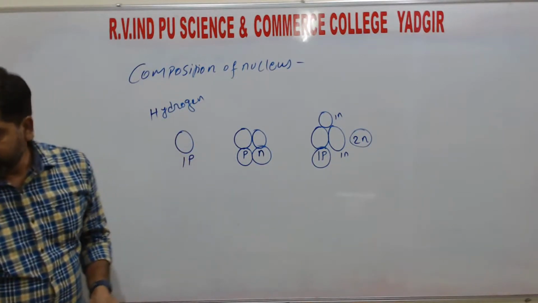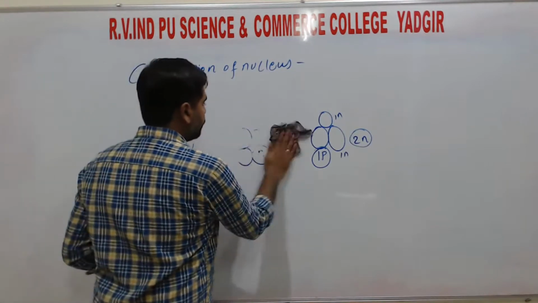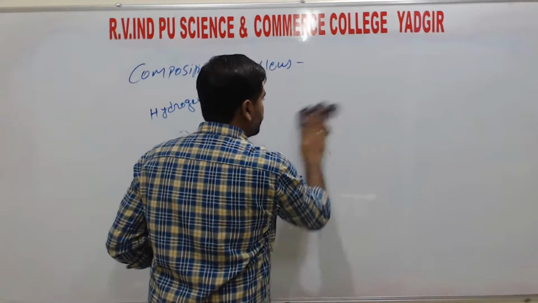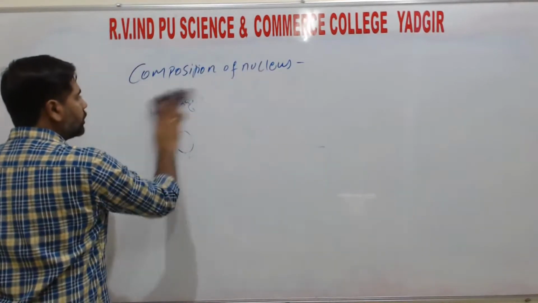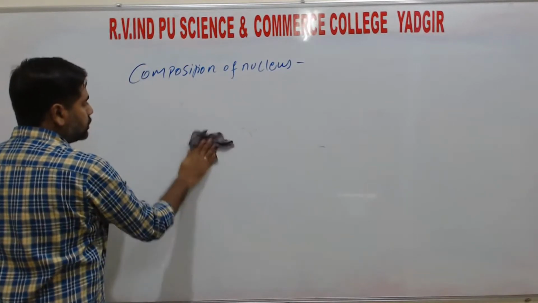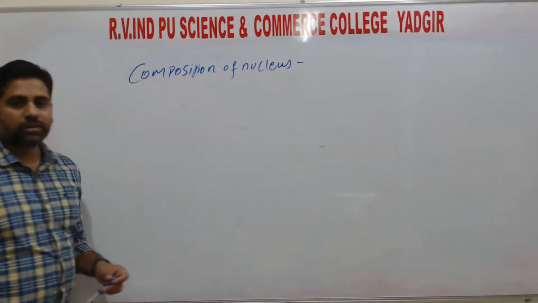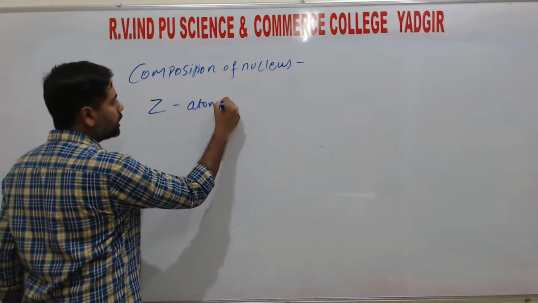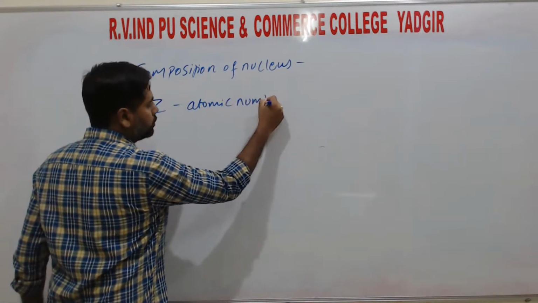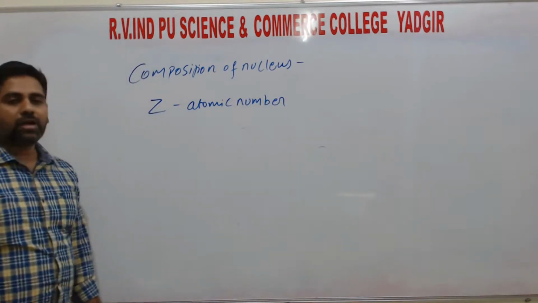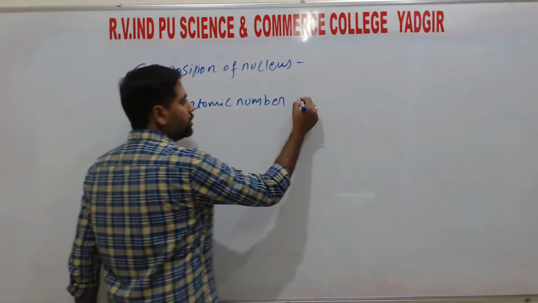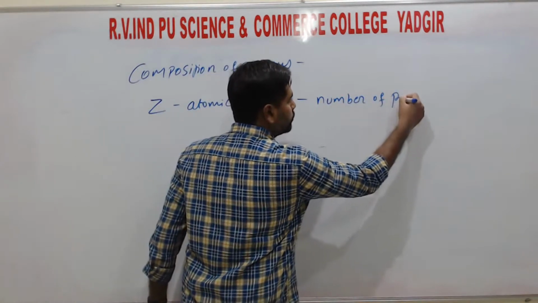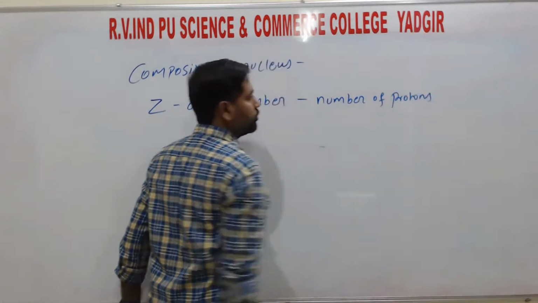Next, we write the composition of the nucleus by using these terms. First, Z. Z is the atomic number, that means the number of protons. So Z represents the number of protons, right?